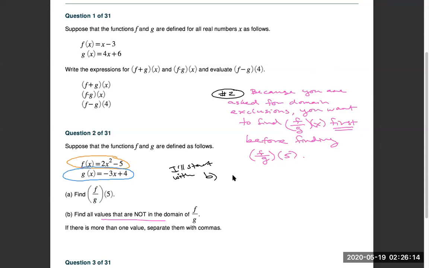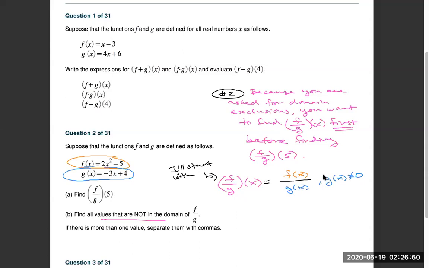Okay, so f divided by g of x, the function, will be equal to your function f of x divided by function g of x. And the exclusions come from when g of x is equal to 0. Remember what that means for your rule is that you want to set g of x not equal to 0. We'll get into that.